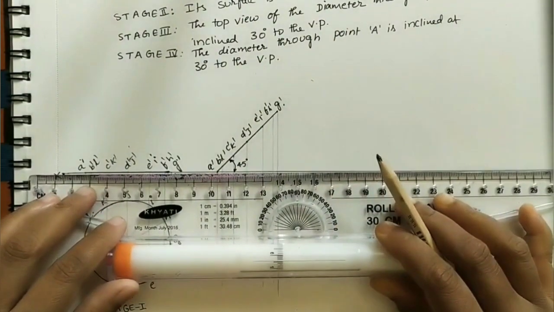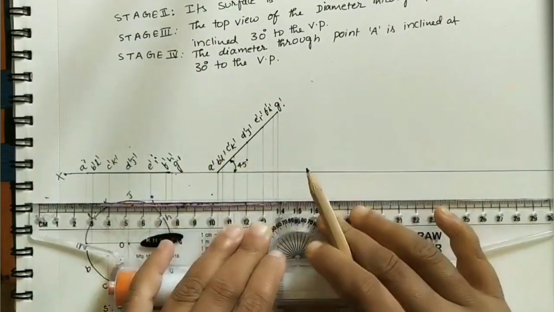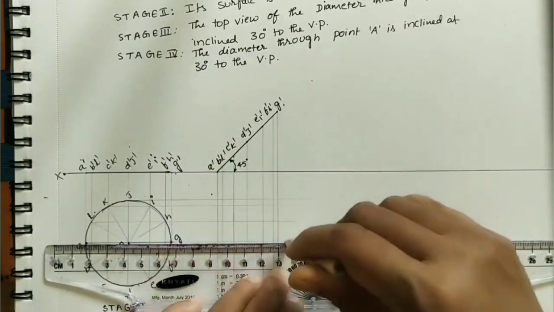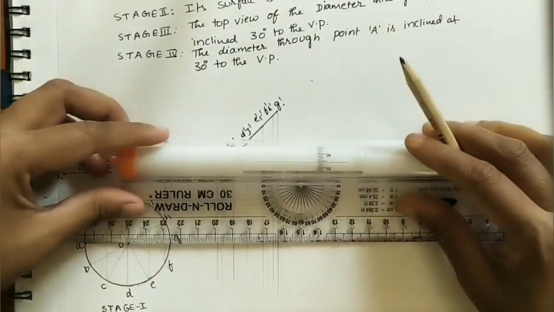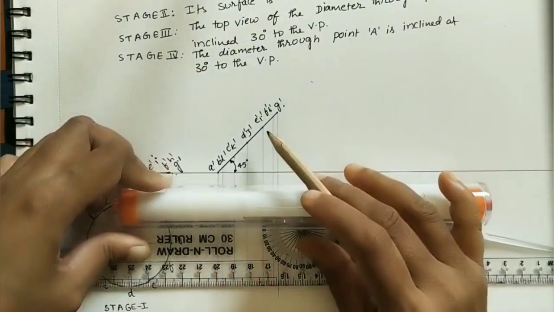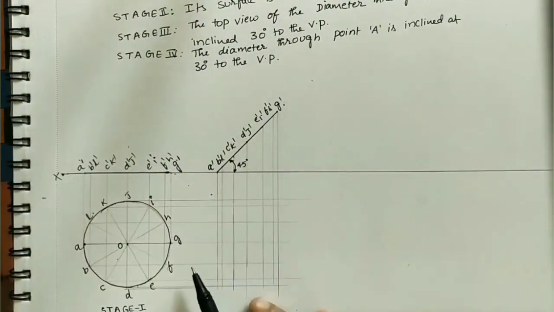Take this as the reference line. Here take the intersection points.